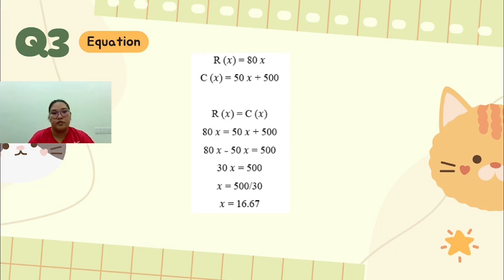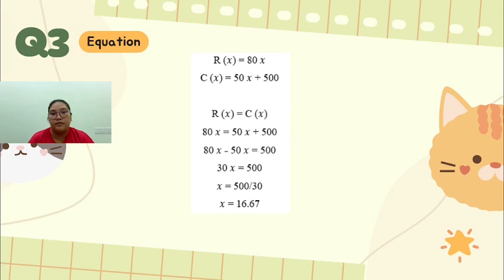For the first equation, for the revenue function, we are given 80x. For the cost function, we are given 50x plus 500. As we all know, revenue function equals cost function.